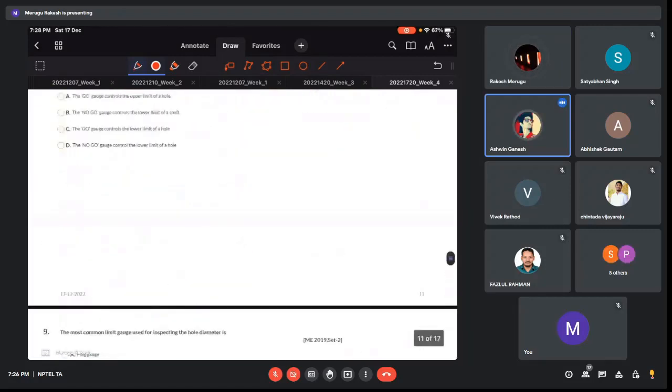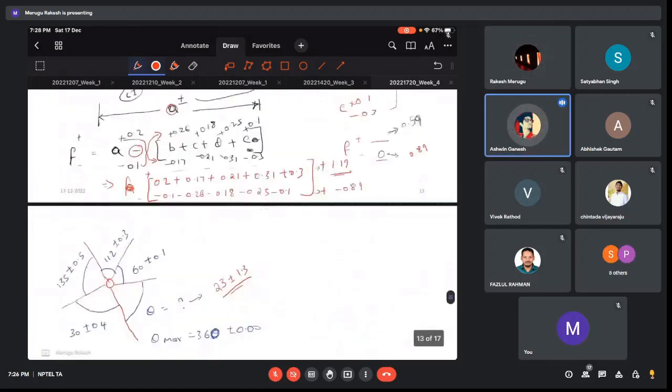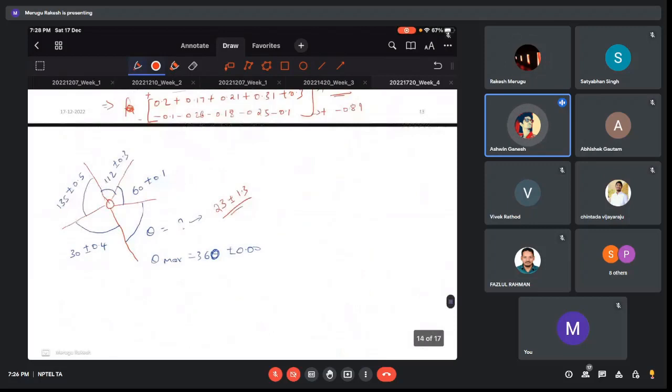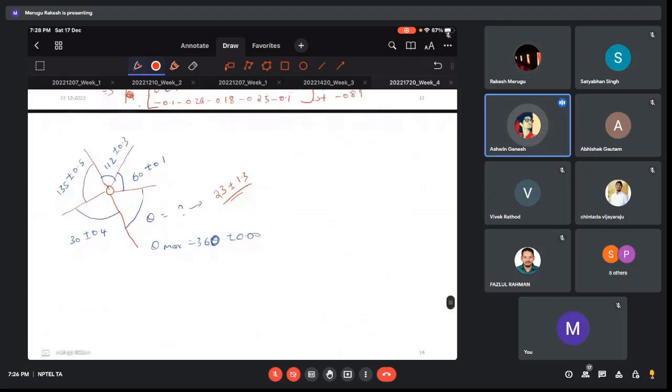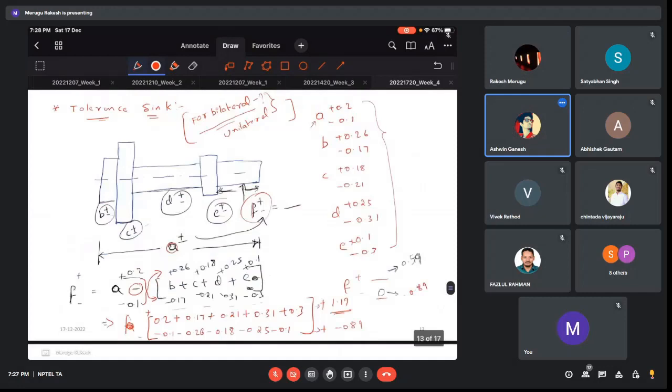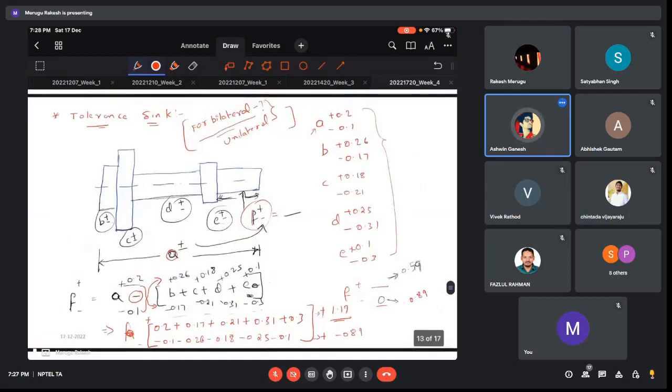Excuse me, sir. So the previous problem, this one is actually bilateral only, sir? Already you gave. The first problem, this is already bilateral, no, sir? Yes, but not equal. Okay. But the logic is same, no, sir?